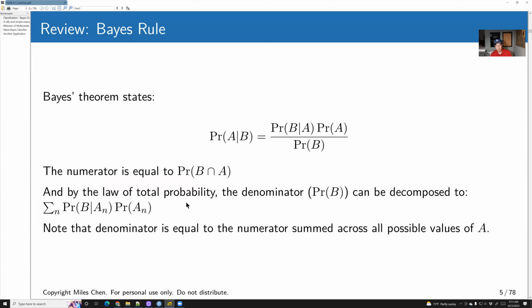We can calculate the numerator, the probability of B given A for a particular value of A, multiplied by the probability of A. We can do this across all possible values of A, and this would be the total probability of B. So we can calculate the total probability of B by saying, what's the probability of B given A times the probability of A, plus what's the probability of B given a different class times the probability of that thing.